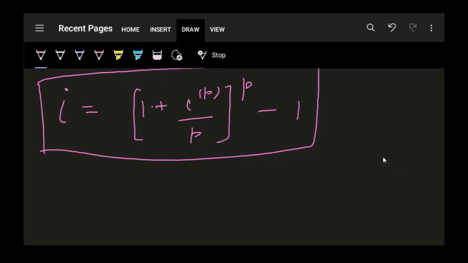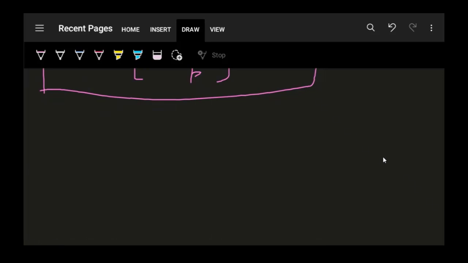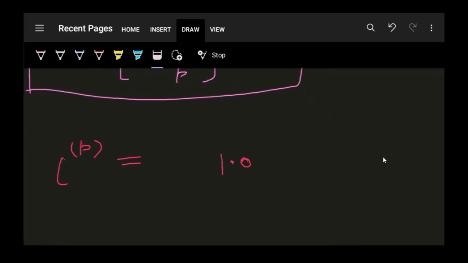Similarly, we can get the nominal rates when we are given effective rates. For that, I'll write the formula. Suppose you want to know the nominal rates, which will be: this 1 plus i is my effective rate, so I will get the accumulation of 1 year.